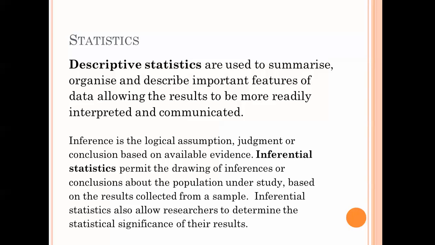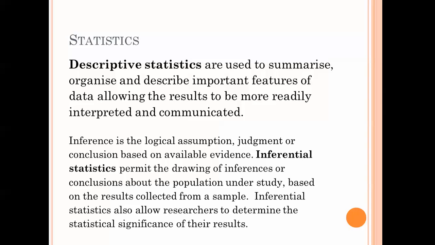Now, you will never have to calculate an inferential statistic, but you need to understand what they mean. So they allow us to determine statistical significance. What that means is when we do a particular study, we expect there to be a level of significance of less than 0.05. That means less than a 5% chance that the results were due to chance.